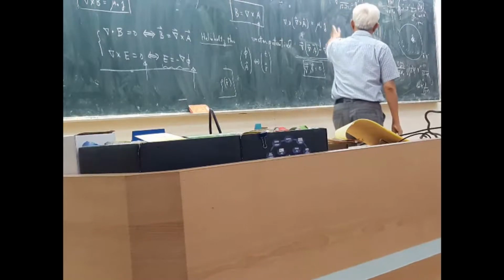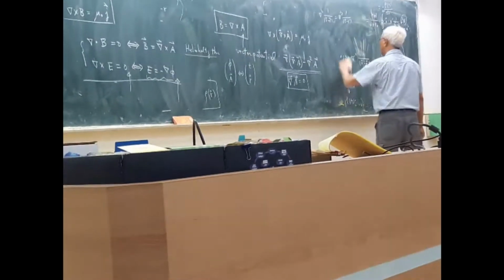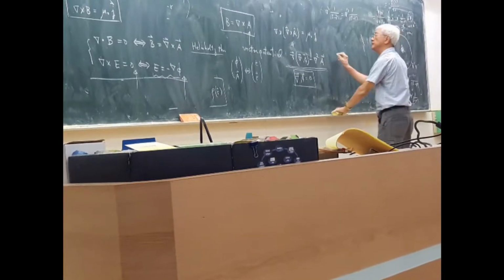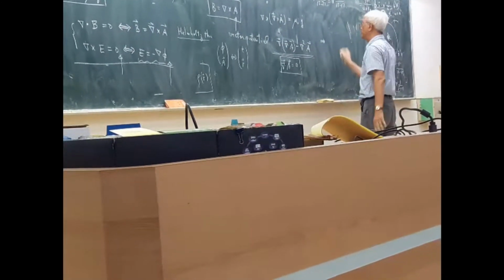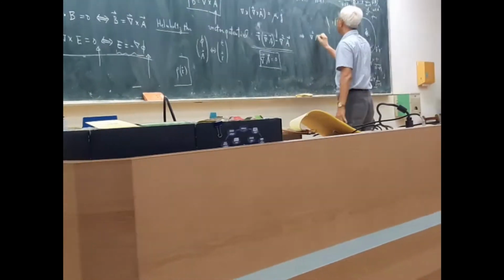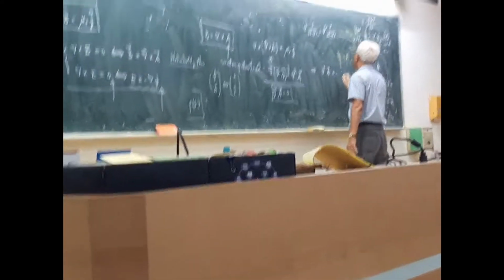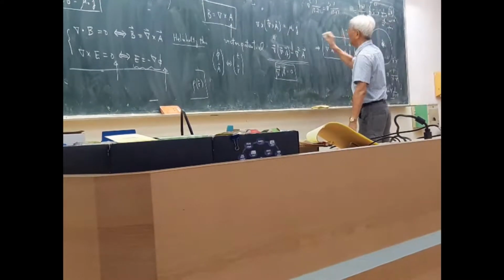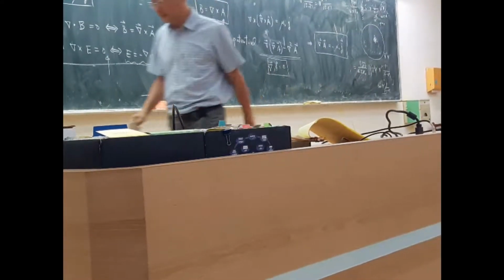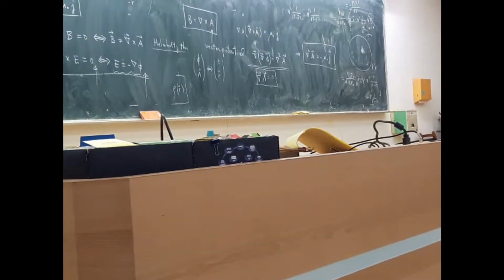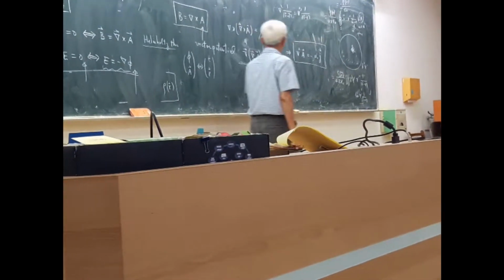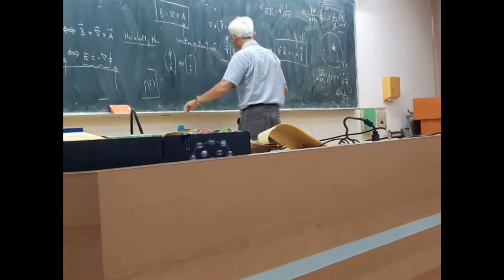Then we have this one. Under the condition divergence A is 0, Ampere's law implies Laplacian A is equal to minus mu naught J, right? By the way, I should warn you.